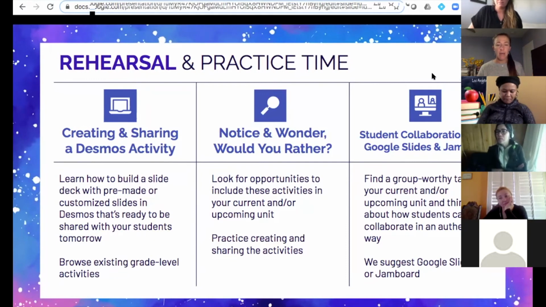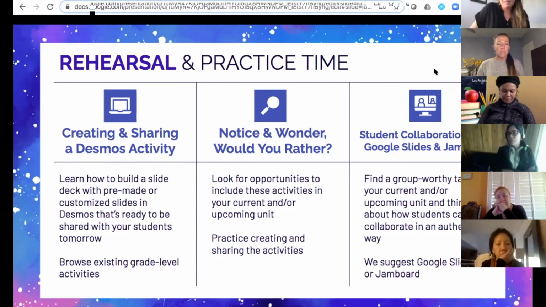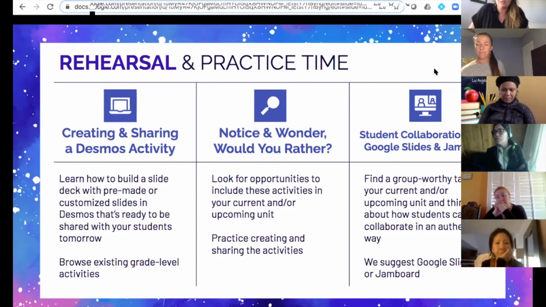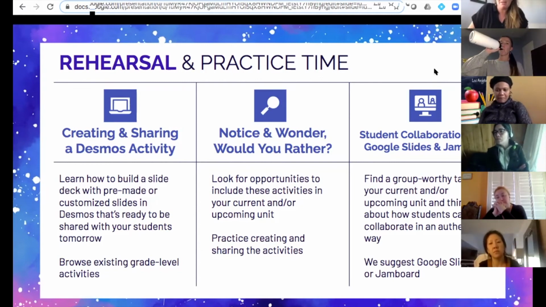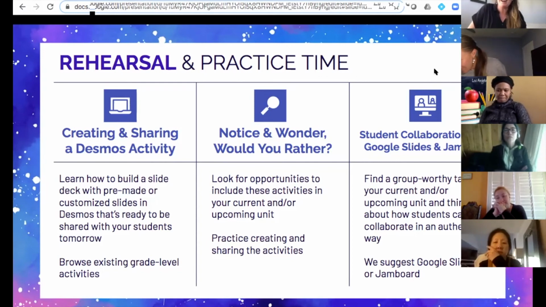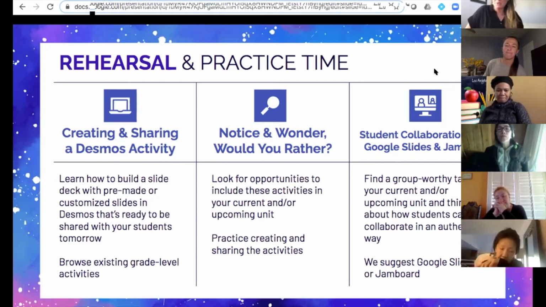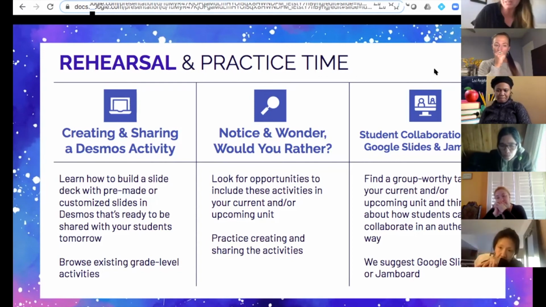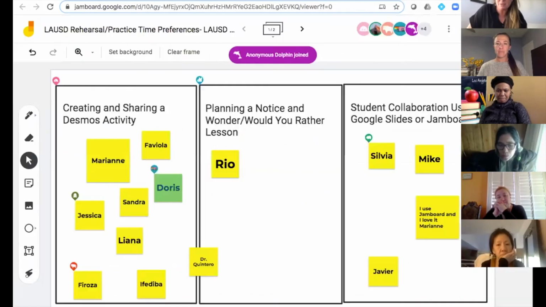Solana has set them up, and you should be able to choose which one you'd like to go to. Solana, do you want to say something about that? Sure. Based on where you dragged your sticky notes, and I see people are moving right now, I'm going to move you over there. I put you in the rooms, but you should have the opportunity to move if you would like. Doris, I can move you right now because it looks like you would rather be with the Desmos zone.